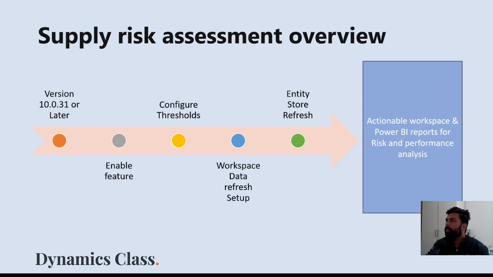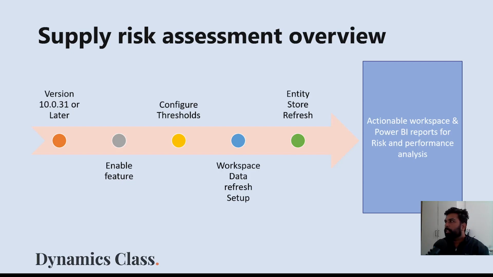Then we need to configure the different threshold parameters which are available for us to provide the data about the supply risk assessments. We are going to talk about what those thresholds and key parameters are. The next thing we need to make sure we configure is the workspace data refresh setup. And the last thing we need to do is the entity store refresh to view the Power BI reports.